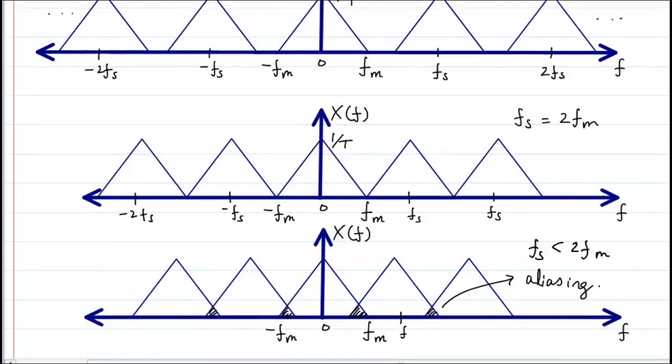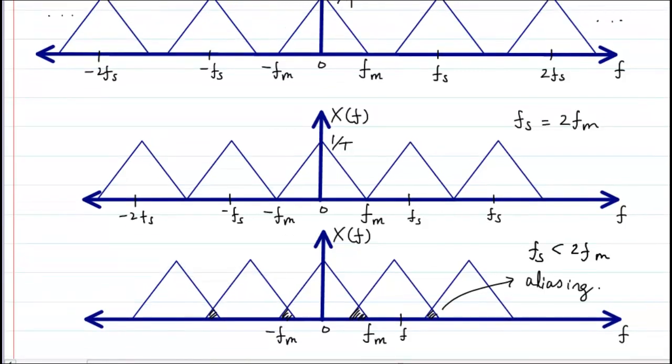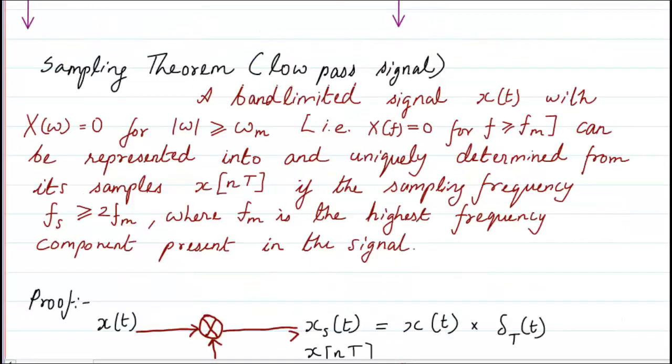From there we get the statement wherein we said that if the sampling frequency Fs is greater than or equal to twice Fm, we will be able to recover the signal back. So the sampling theorem, hence, we can prove it like this.